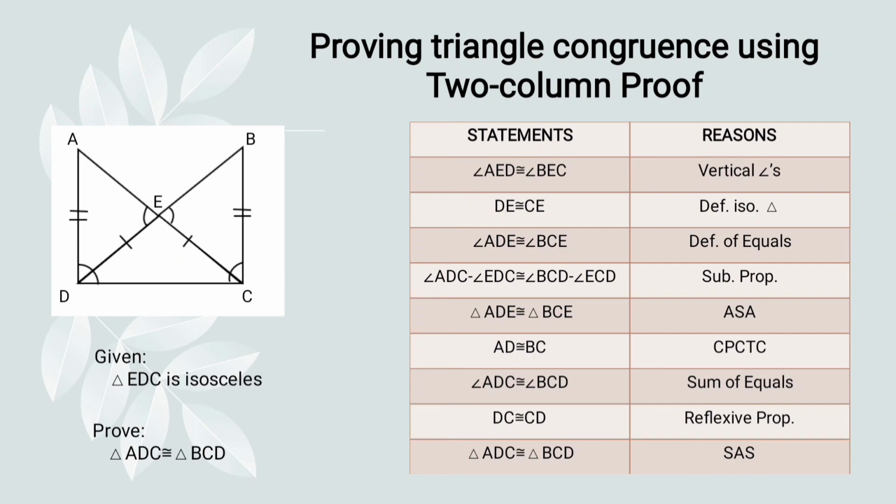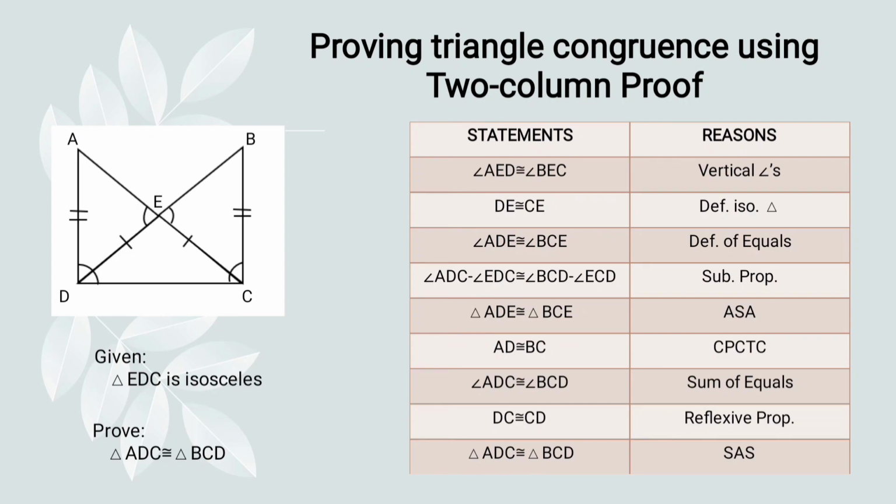So since this is equal and this is equal, we can consider that these two triangles, their angles are equal. So our sixth statement is AD is congruent to BC.